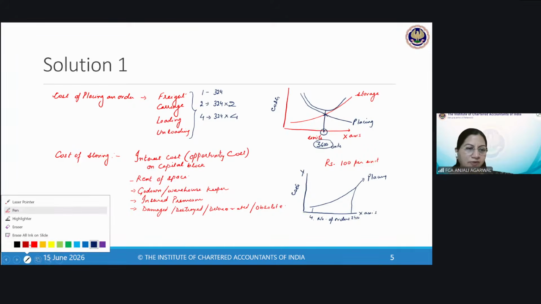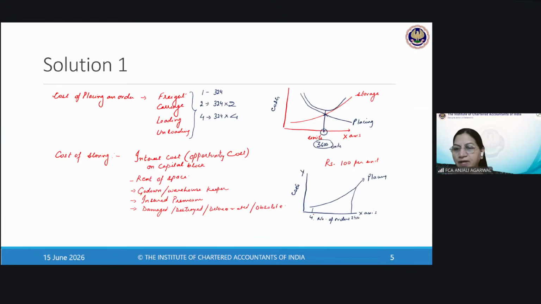However, the storage cost will come down. Why? Because if you have only 4 orders, it means you are ordering 6,000 units at a time, so the storage cost would be higher. But if you are placing 2,400 orders, you are only ordering 10 units, so you are storing less. So storage cost will drop when the number of orders increases, and placing cost will rise.